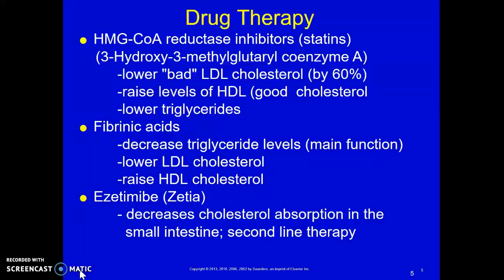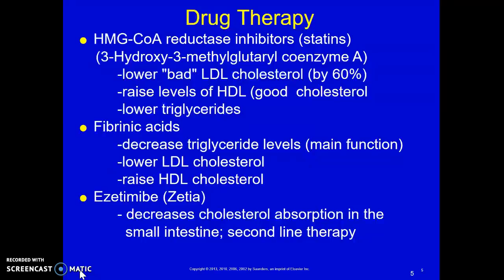Atorvastatin is one that I've seen pretty commonly used here locally, and it has the benefit of making adjustments in all 3 types of lipoproteins. It lowers triglycerides, raises the levels of the good cholesterol or the HDL, and then it lowers the bad LDL cholesterol also.